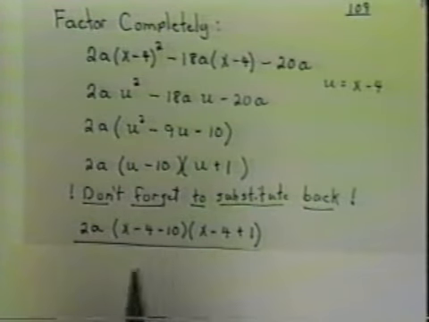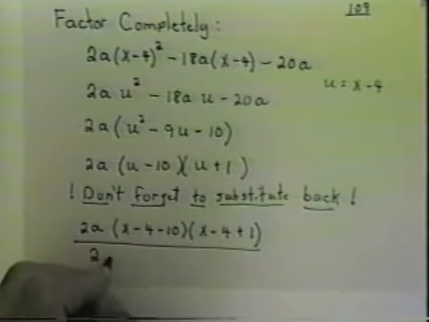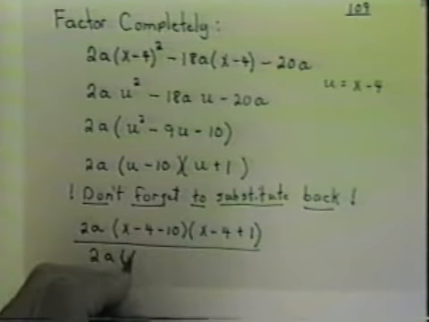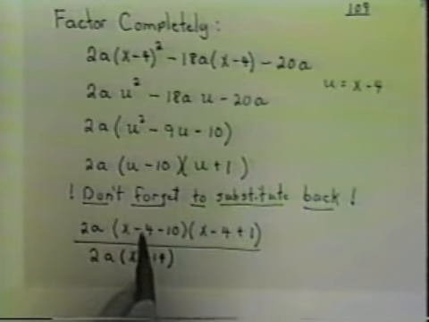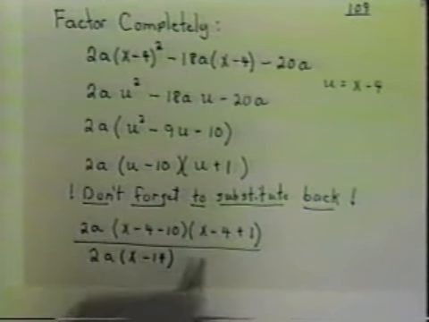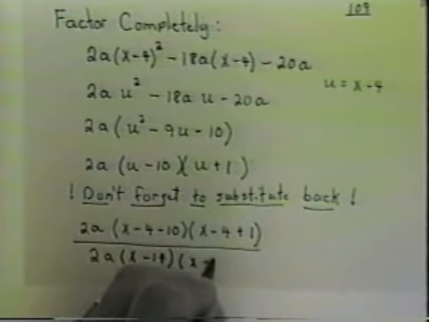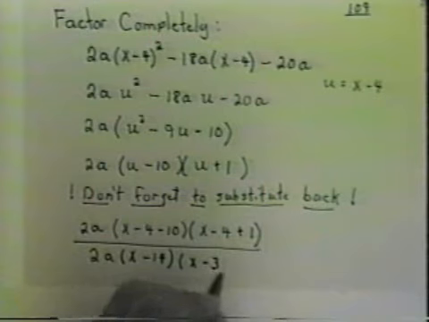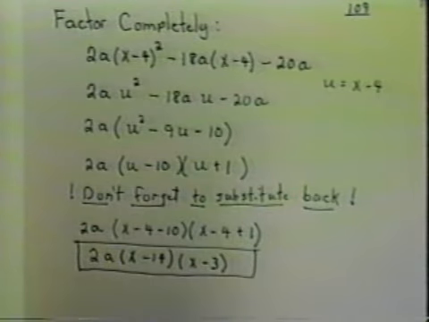Now I can combine the terms to get 2a times x minus 14, because a negative 4 and a negative 10 is negative 14, times x minus 3. A negative 4 plus 1 is negative 3, and this will be my answer.